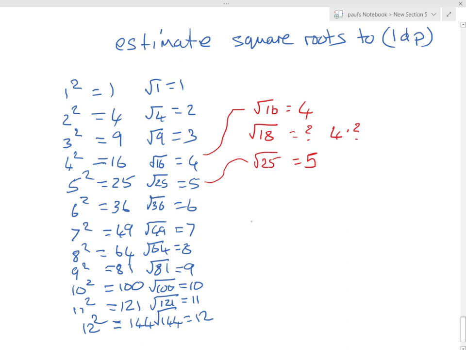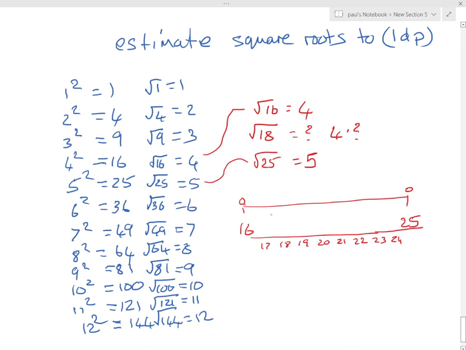Now, what you can do here, you go 16, and you make a line that goes all the way up to 25. So I'm going to do 17, 18, 19, 20, 21, 23, 24, and 25. You've got to imagine that this is sort of 16.0 to 25.0.